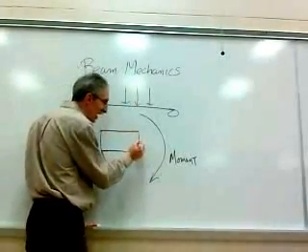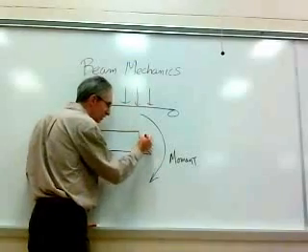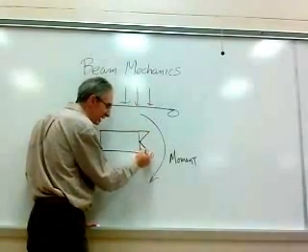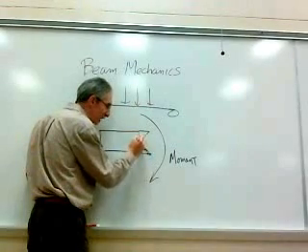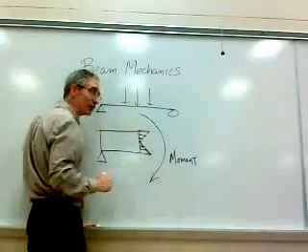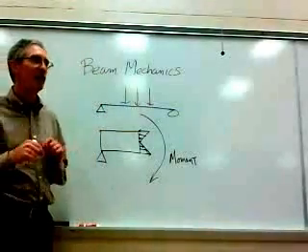Well, strain also is accompanied by stress. So on one side of the beam, you're going to have a bending stress. That's actually a tensile type stress. And on the other side of the beam, you're going to have a compression stress.